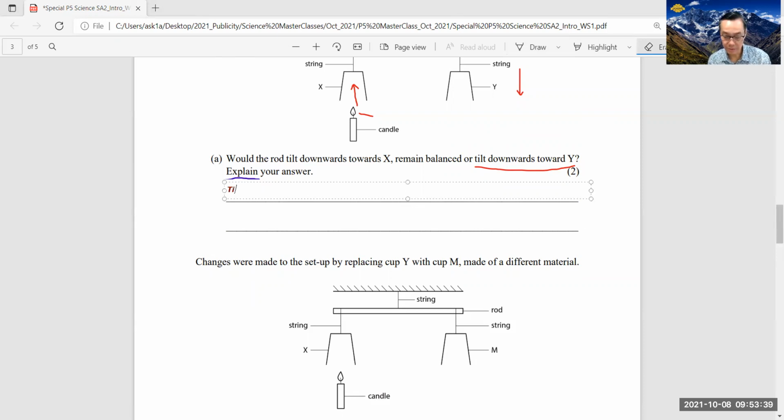So we'll say tilt downwards towards Y. Okay. Then you will give an explanation.